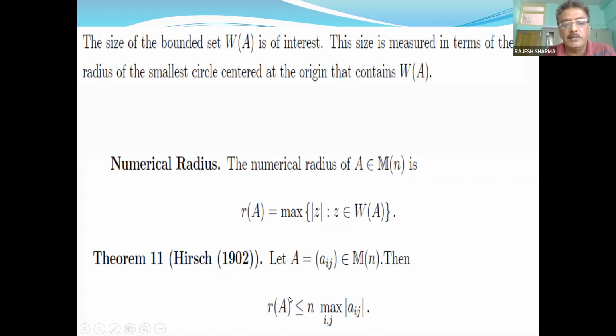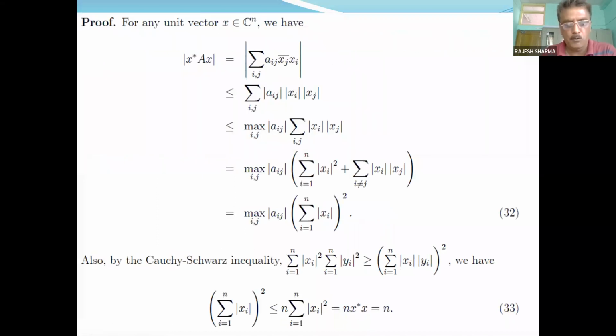This is a very simple bound. And once we have an upper bound for the numerical radius, we also have this upper bound for the modulus of any eigenvalue. Why? Because eigenvalues also lie in the numerical range.